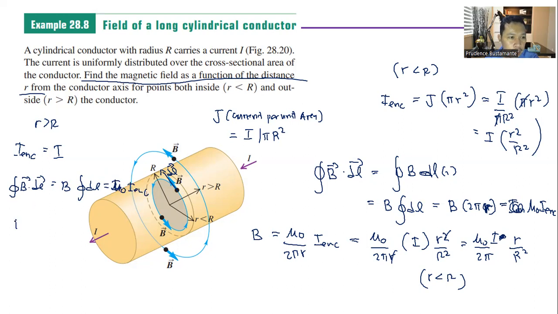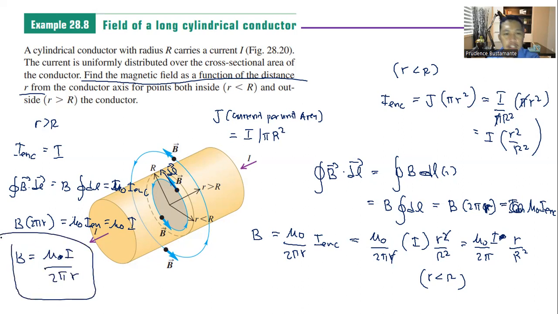So we have B times 2π times r equal to μ naught I enclosed, which is μ naught I, because the enclosed current is I. So your B is equal to μ naught I over 2πr.